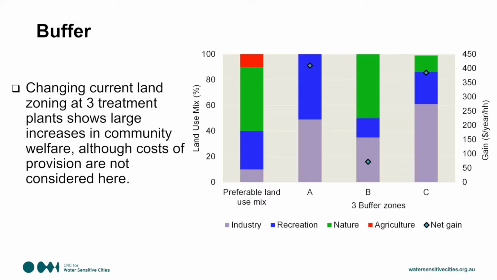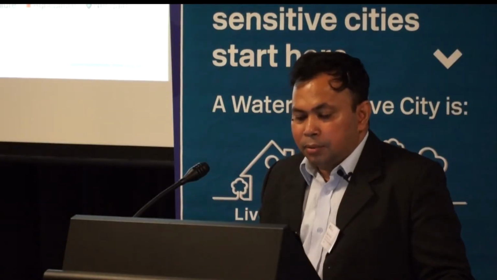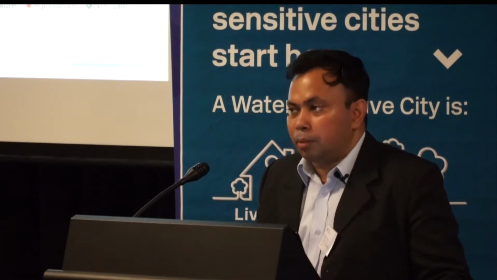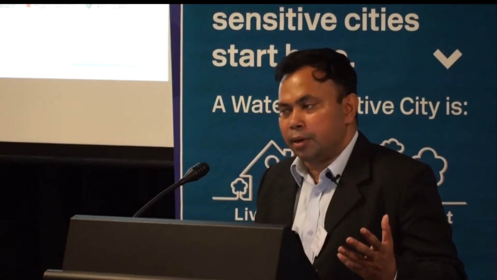The bar here on the left side is the optimal mix based on our survey results. If we change the existing land use towards a more socially optimal mix, then the gain in social welfare could be around $400 per year per household for these buffer zones. So we are going from the current composition to a socially preferable composition of land use.